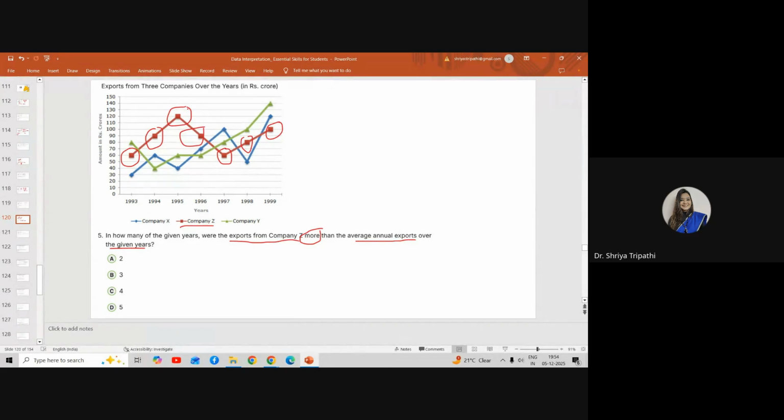Guys, do 60, 60, 120, 120 plus 120, 240, 240 plus 100, 340. Do it like that. It will be easy and quicker. It will be 600. 600 divided by the number of years, 7.